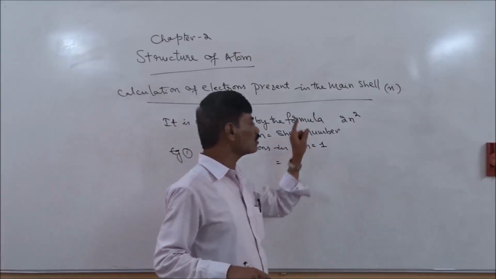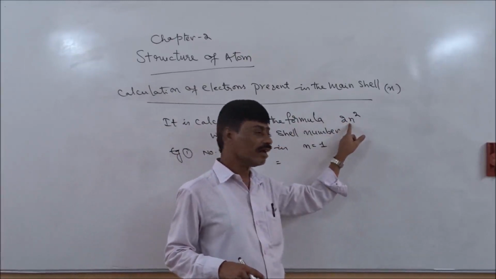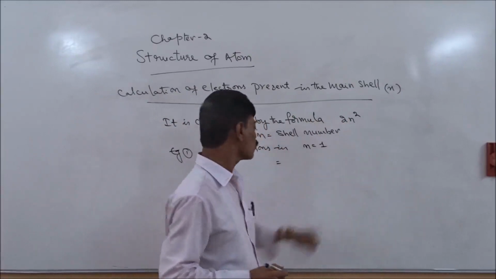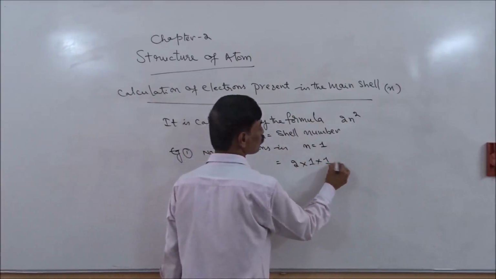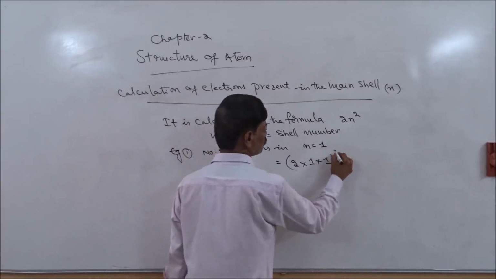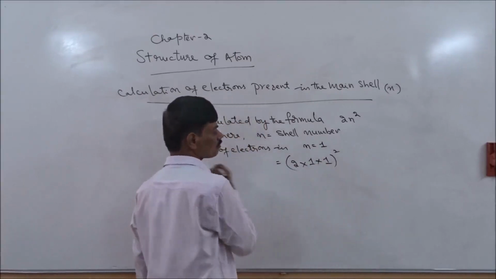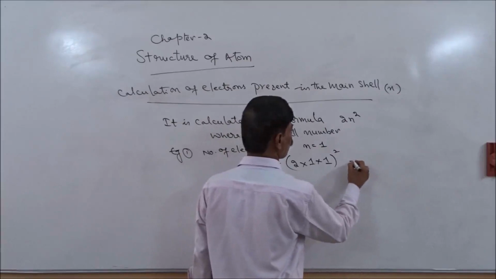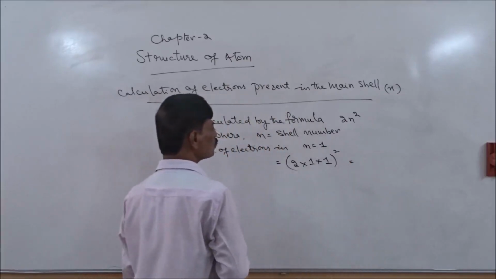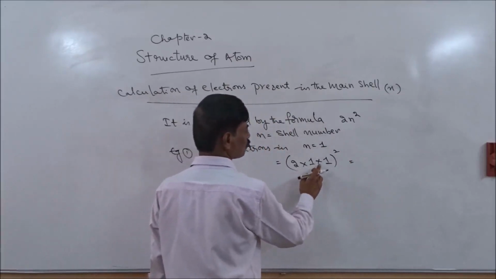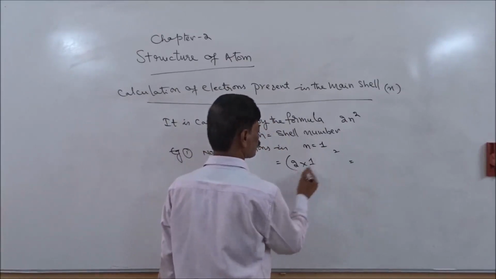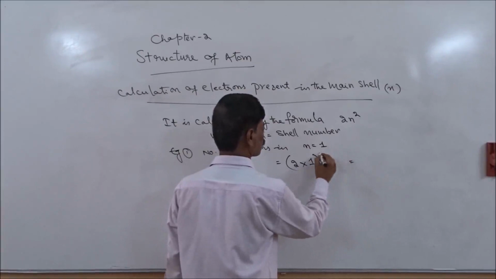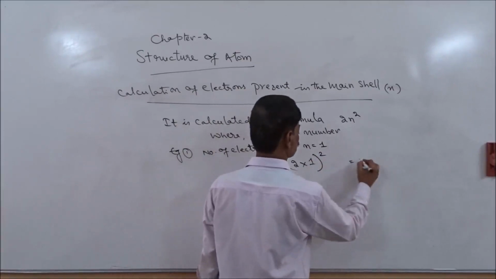This value 1 is substituted in n of 2n square formula. So 2 into 1 into 1 square.